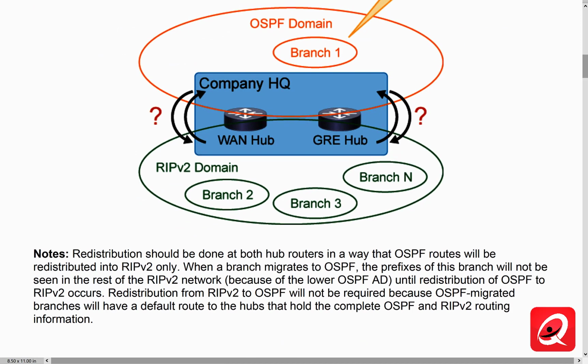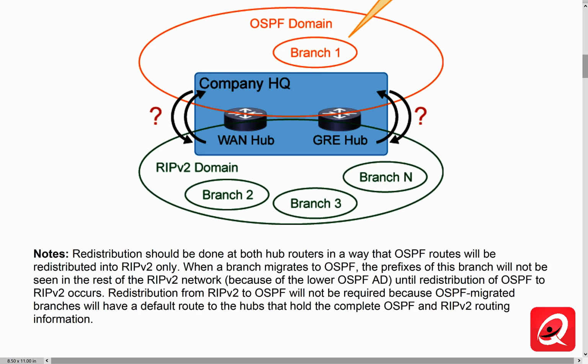Redistribution should only be done at the hub routers in a way that the OSPF routes will be redistributed into RIP. There's no reason to go the other way because, again, we're still running RIP on branch 1. So those routes from the other branches would be learned through RIP, not through OSPF, because RIP is still running natively.